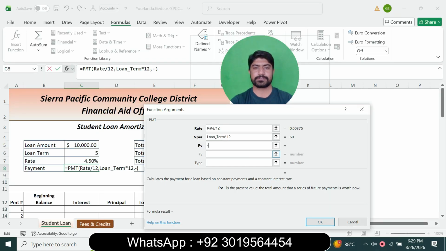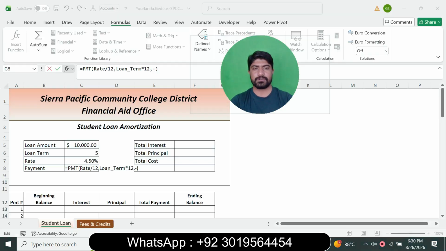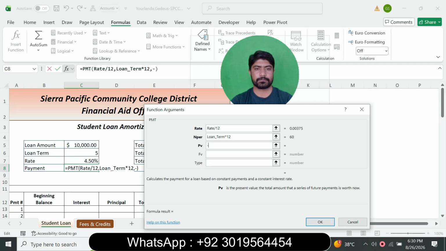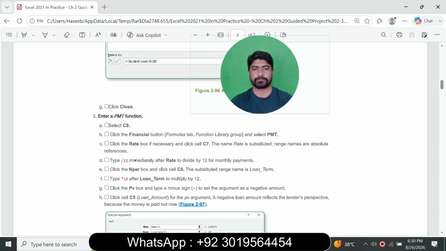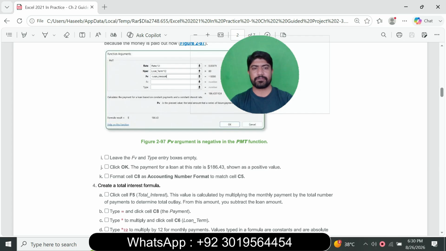So next, minus loan amount, cell C5. Leave the FV and type entry boxes empty.